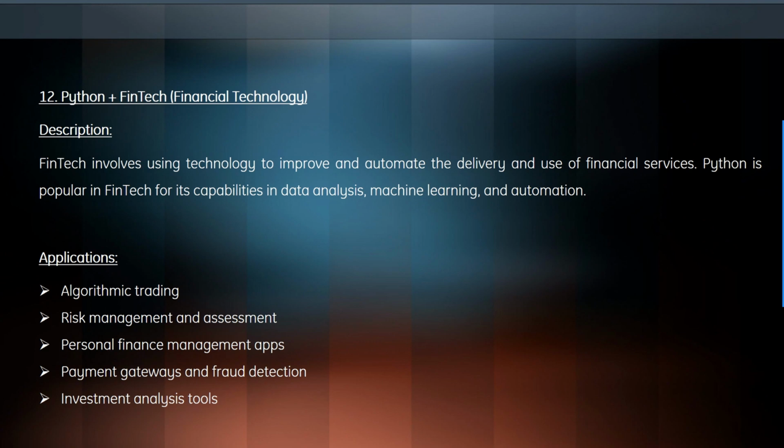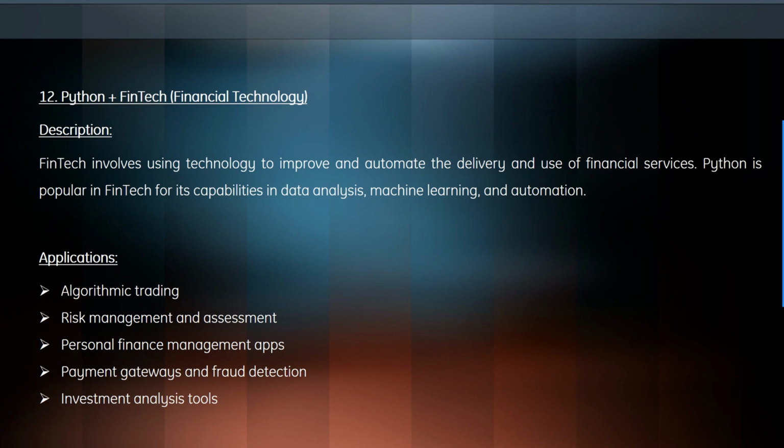Moving on, we have Python plus FinTech, which is financial technology. FinTech involves using technology to improve and automate the delivery and the use of financial services. Python is popular in FinTech for its compatibility with data analysis, machine learning, and automation. We all know we want financial services to be automated and improved day by day, which is happening currently. And what are the applications here?